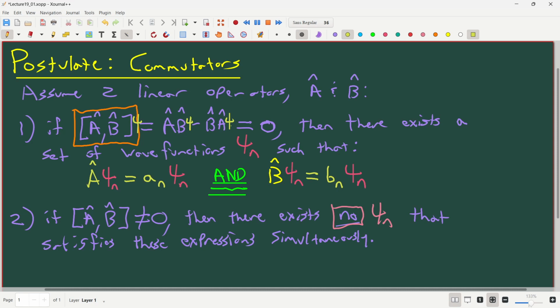And if it's equal to 0, we say that these operators commute, which again is an algebraic thing: A times B is equal to B times A. But the important result of that is that we can always choose a set of wave functions, some representation for our system, that allows us to get information about both properties.